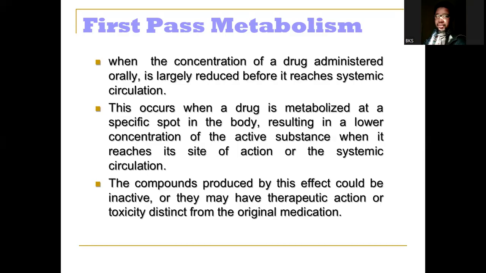And of course, as the metabolism occurs, the concentration of these things reduces gradually before it reaches the final target. So inside the enterocyte, there will be some little metabolism, and when they get to the liver, there is also a little metabolism. And in some cases, even when they are being transported inside the blood, some of them will get into the red blood cells, and they will definitely be metabolized.